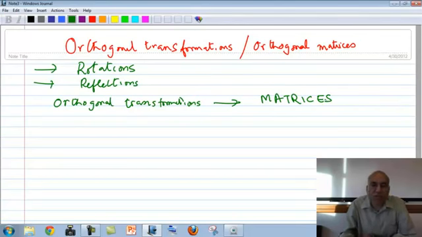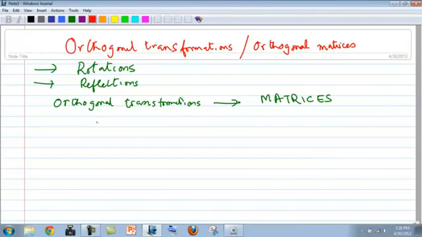So orthogonal transformations are linear transformations and therefore they correspond to matrix multiplication. What we're going to do is to study properties of those matrices. So suppose we have a point B represented by a column vector.